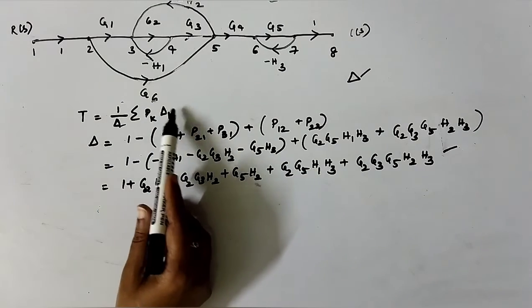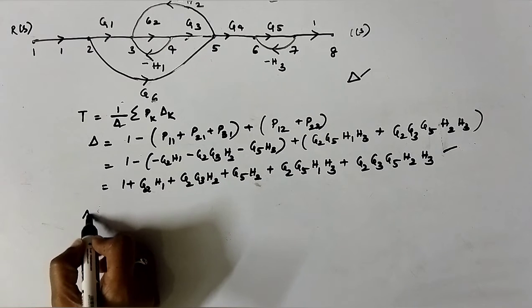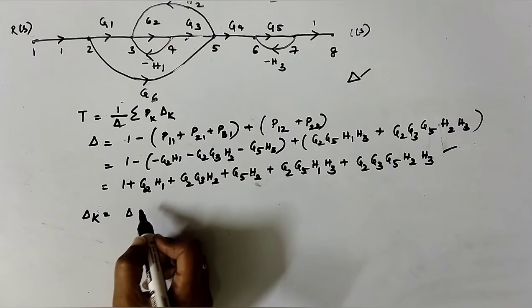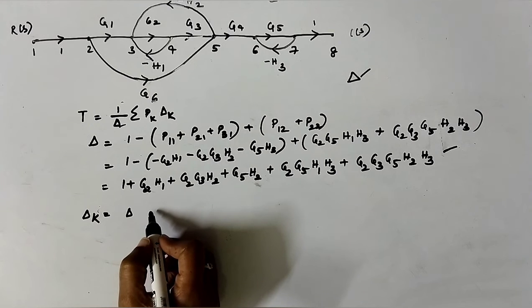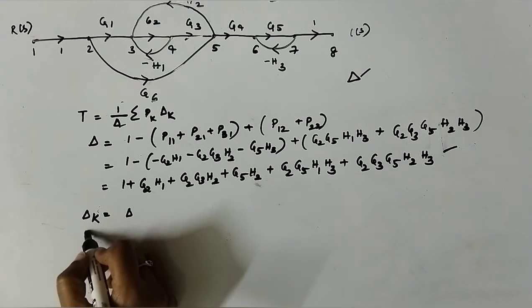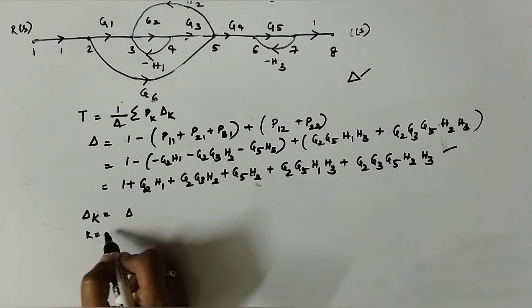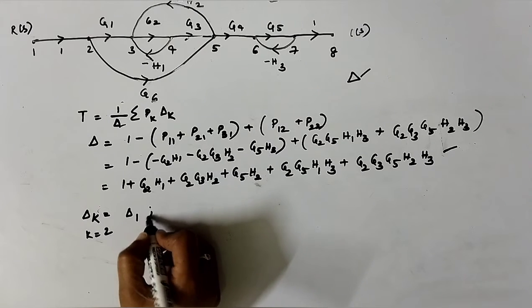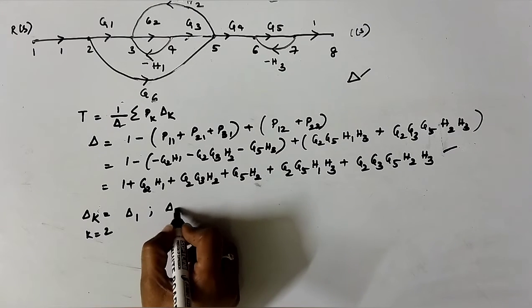Now we should find out delta k. Delta k is nothing but delta for the part of the graph which is not touching the kth forward path. K is the number of forward paths, we have 2. So we have delta 1 and then delta 2.